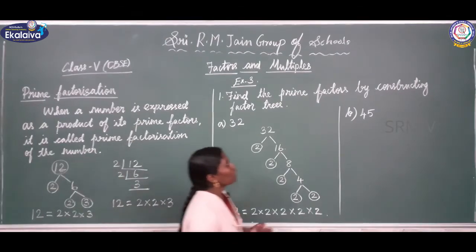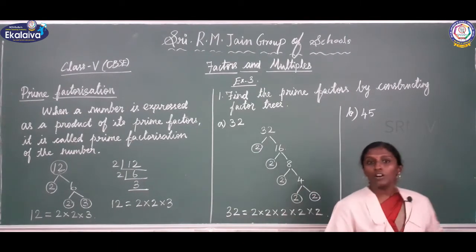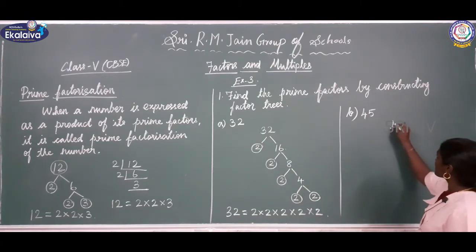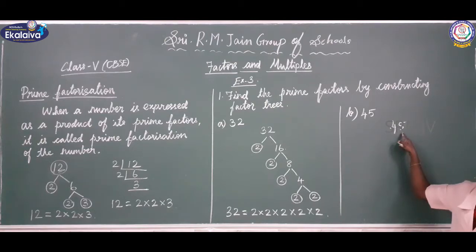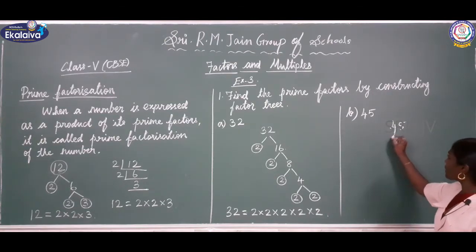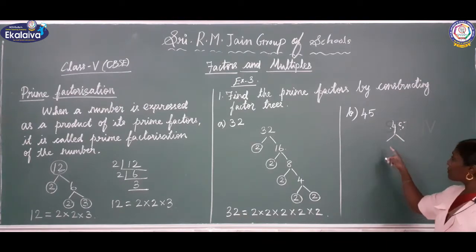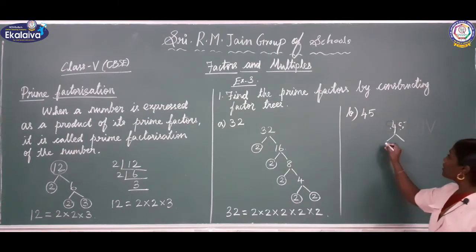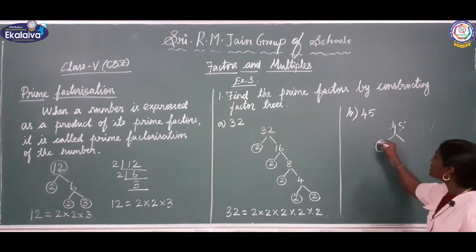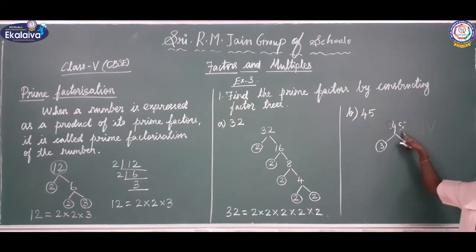Okay, then we are going to construct a factor tree for 45. Here 45 is an odd number, so we have to find the smallest prime factor for 45. 2 is not a prime factor for 45. So the next prime number is 3. 3 is the smallest prime factor for 45. In 3 table, when will you get 45? 15 times.